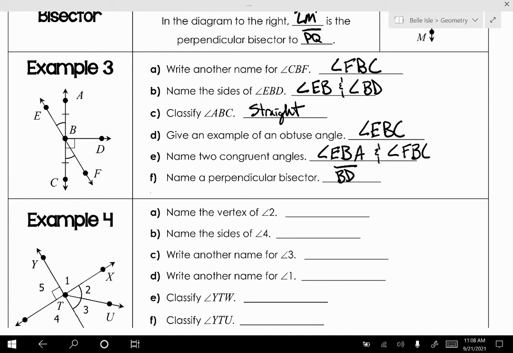Okay, C through F is up on the board, so you can check yourself. Okay, so let's use some deductive reasoning right here. I put BD as a perpendicular bisector. Is that the only one?